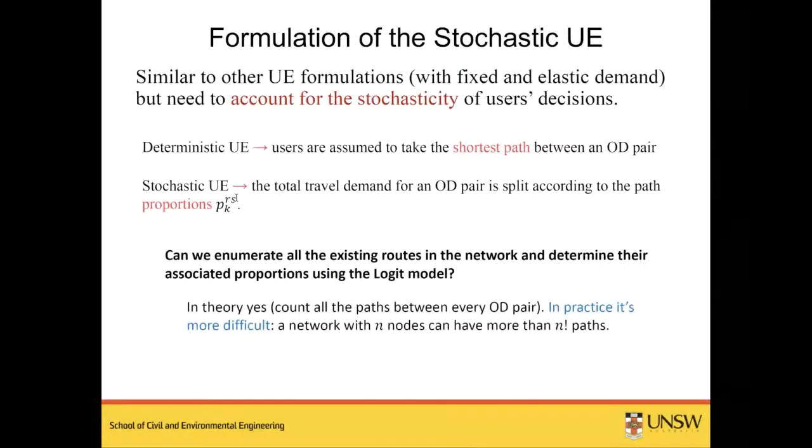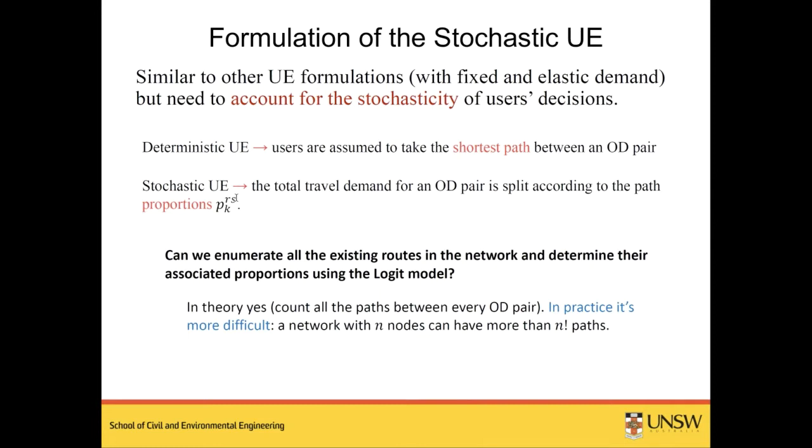Okay, so far we have covered what a stochastic UE is, and why we need a stochastic UE, because of the imperfect knowledge of the travel times across the network.